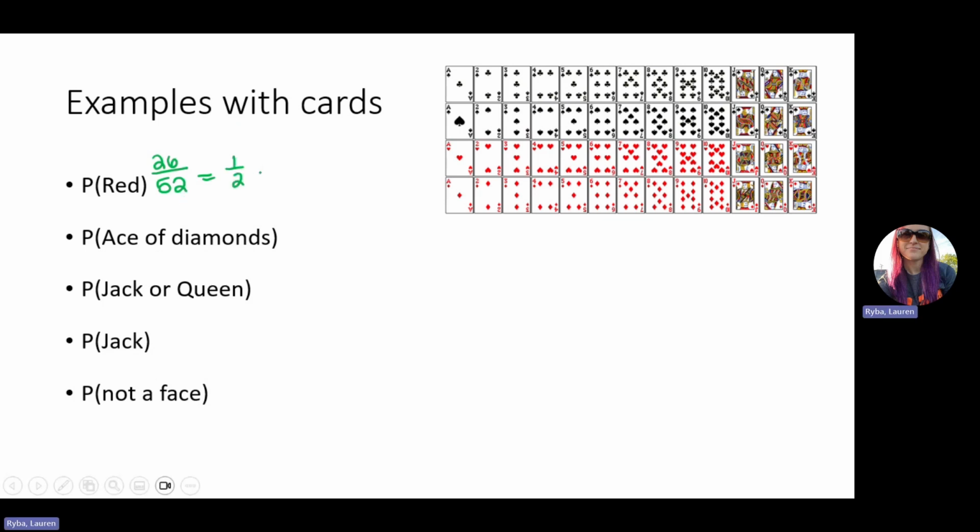That is equivalent to a half. Now, the other way I could have done that a lot faster is if I had just looked on the right-hand side here. Do you see that half of the cards are red and half of the cards are black? Yes, there's only two colors. They are red and black, and they occur in the exact same frequency, so probability of red is a half.